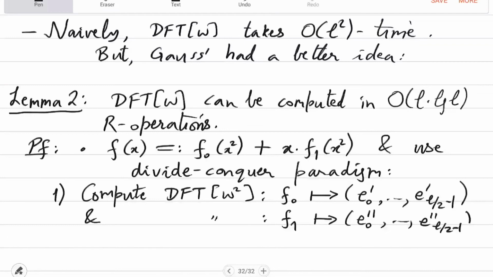And now in step 2 you want to combine these two, that will give you DFT omega on f.